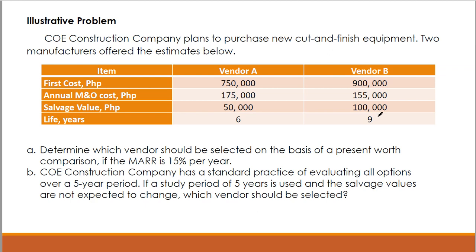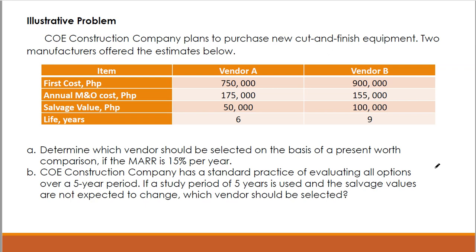Okay? So again, this is cost, so it's a service project. I did not put negatives, but since these are costs, they are automatically negative, except for salvage value because that is something that would come back to you. So letter A, determine which vendor should be selected on the basis of present worth comparison if the MARR is 15% per year.